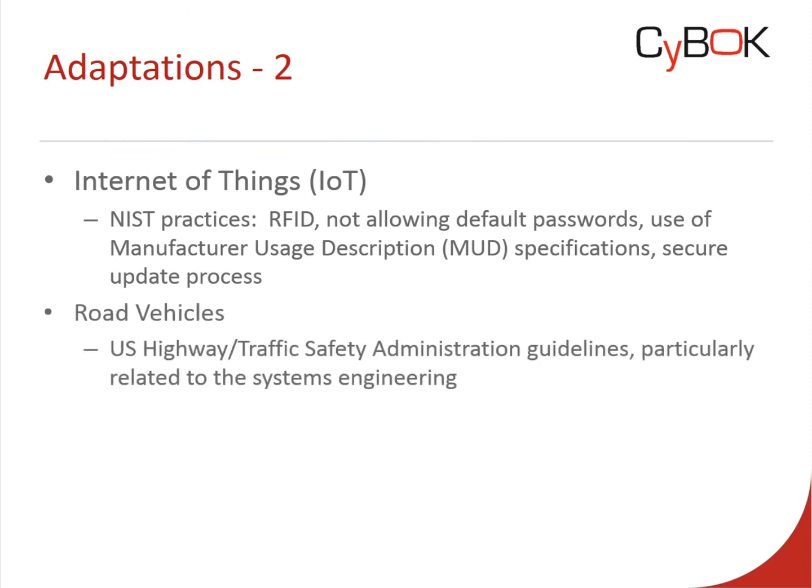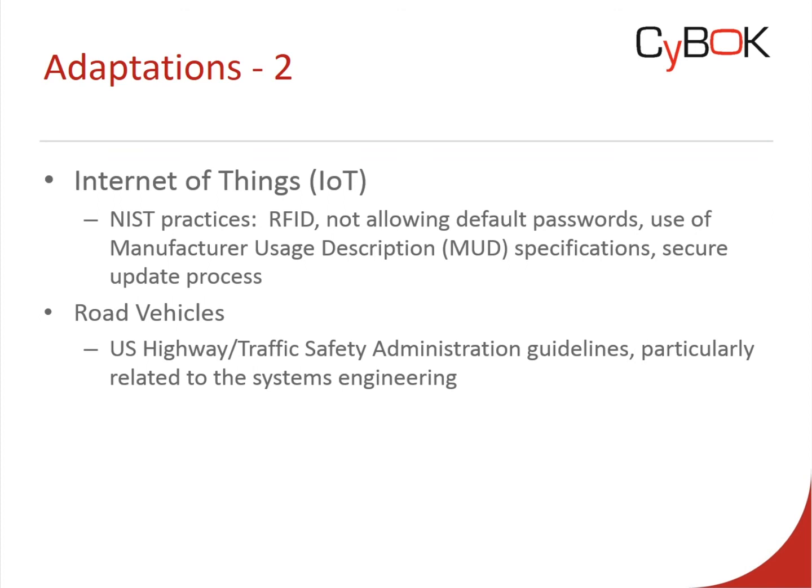Road vehicles, there's a number of standards, particularly the U.S. Highway Traffic Safety Administration has provided some guidelines, and specifically looking at, because a road vehicle is a system, it's not just software, so you're working with hardware and software, so how do you work together in the system?